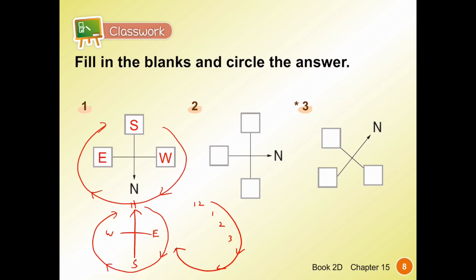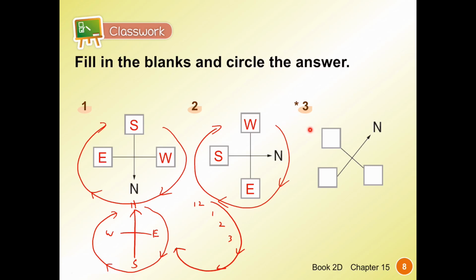If we follow the same idea here, if north is here, and then we go through the clockwise direction, the next one after N is east, so east would be here, and then after east we have south, so south would be here. After south we have west, so our last one would be west.